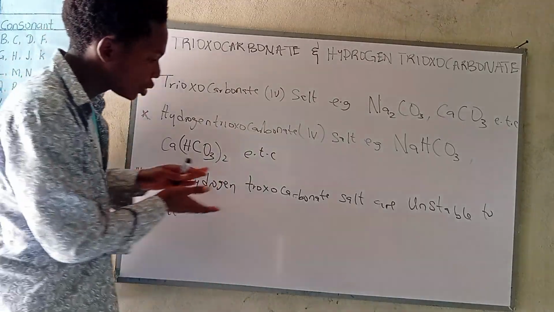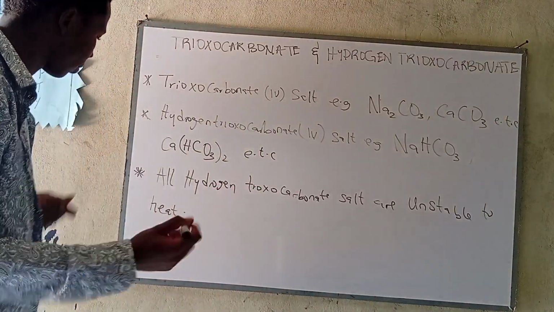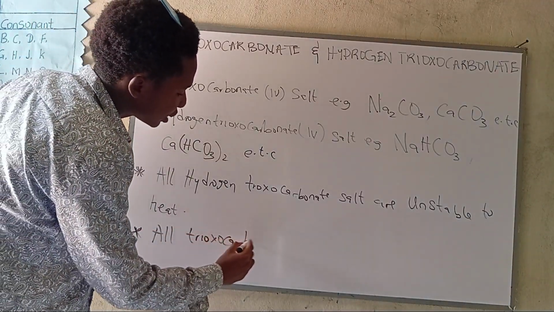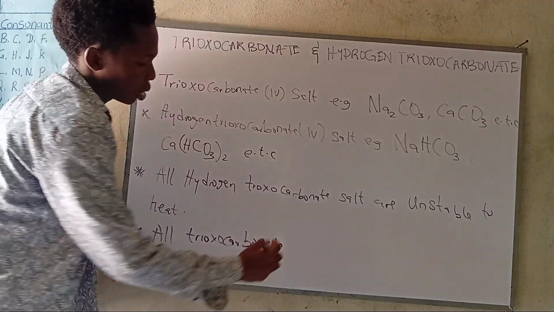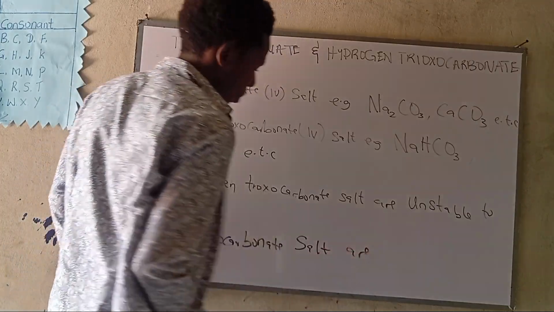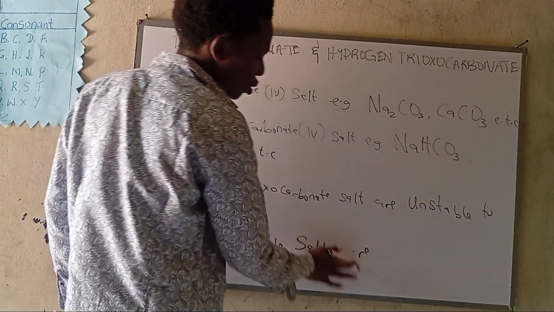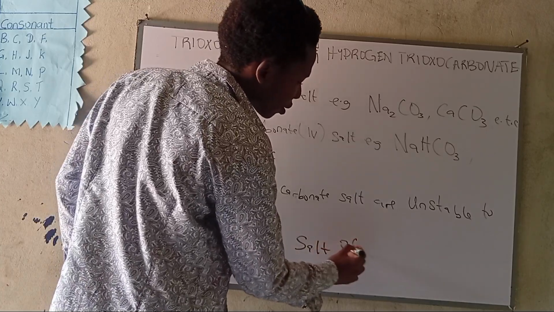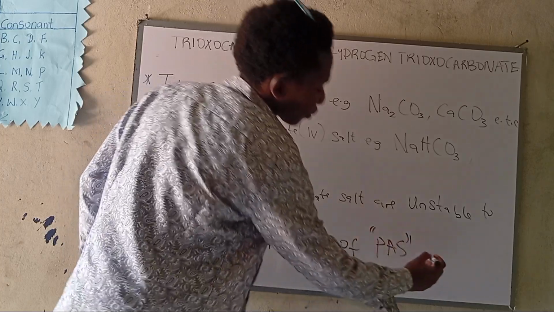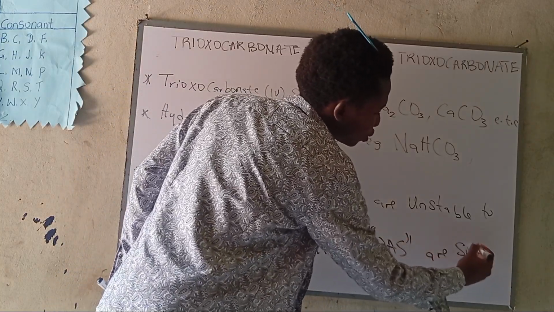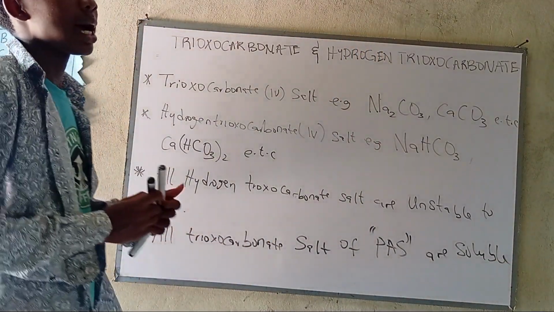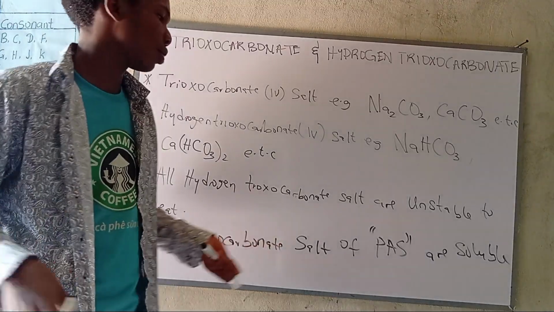That's for hydrogen trioxocarbonate. Now, all trioxocarbonate salts of K, NH4 and Na (I'll explain what I mean by that) are soluble, but the rest are insoluble.